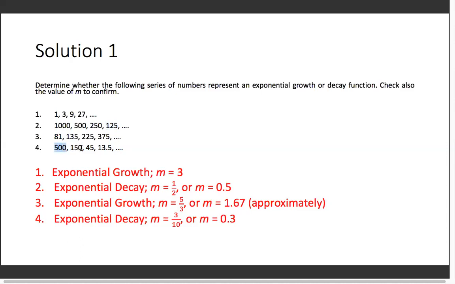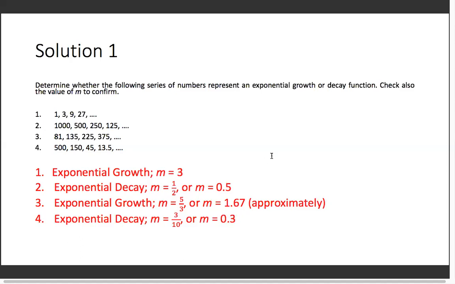So 150 divided by 500. Take note, the GCF between 150 and 500 is 50. So 150 divided by 50 is 3. 500 divided by 50 is 10. Thus, the multiplier is definitely 3/10. Or if you prefer to express it in decimal, of course, it's 0.3.